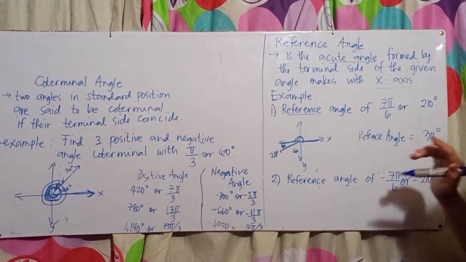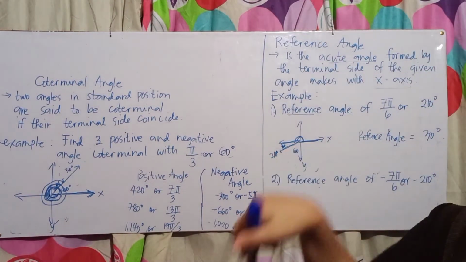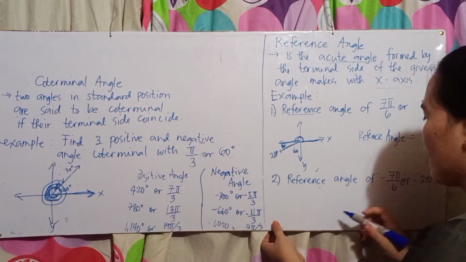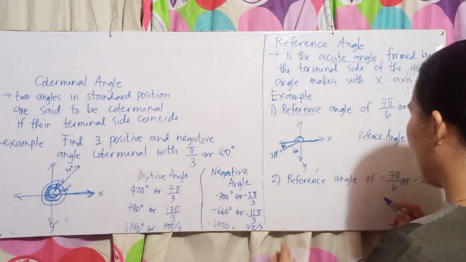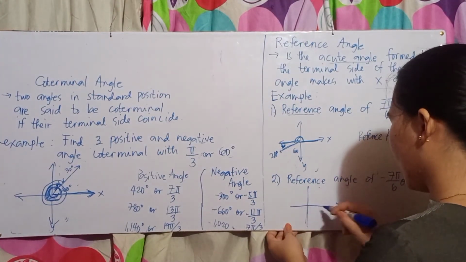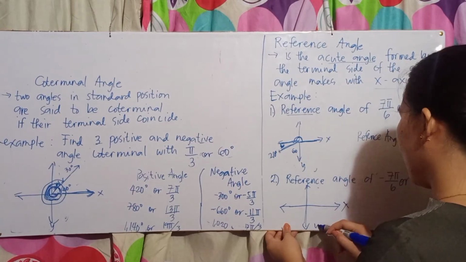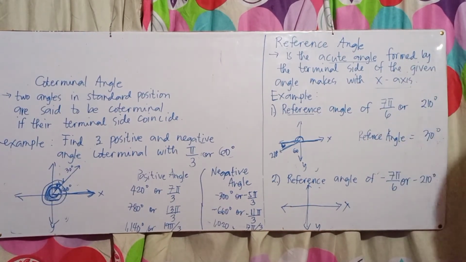So, positive ha. Kay positive man ang ato ang angle. Pa counterclockwise man ang rotation. There is a number 2. Number 2 is negative 210 degrees.